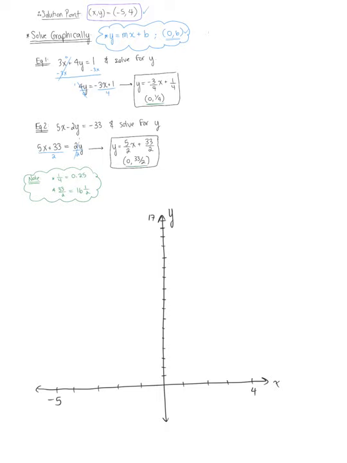All right, so we'll start here by plotting our intersection point, which occurs at -5, 4. So we have an ordered pair right about here. And this point, again, is the solution point, or the point that sits on the graph of both lines. Thinking about equation 1, we know we have a y-intercept at 0, 1/4.